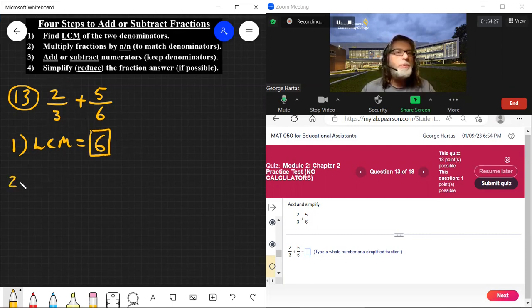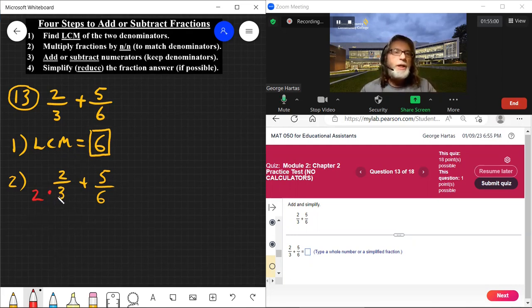So step 2, rewrite this with a little space in front. 2/3 plus 5/6. The reason you're going to put a little space in front is because then you're going to put a multiplication dot in front of the denominator and ask yourself, what number times 3 will give me 6? That number is 2. 2 times 3 is 6.